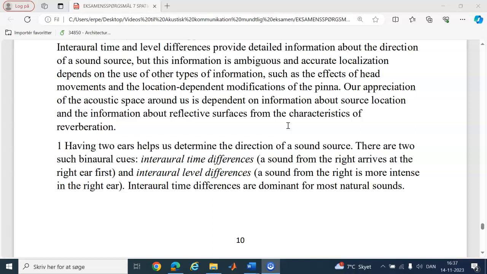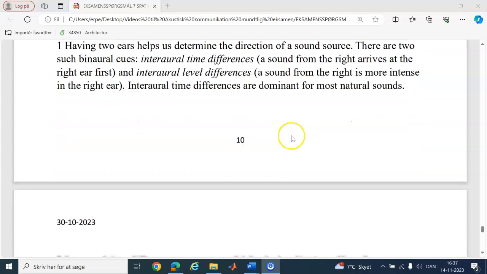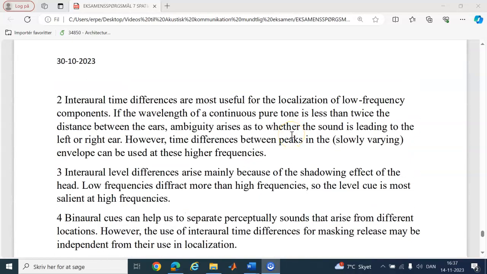Interaural time differences are dominant for most natural sounds. They are most useful for localization of low-frequency components.